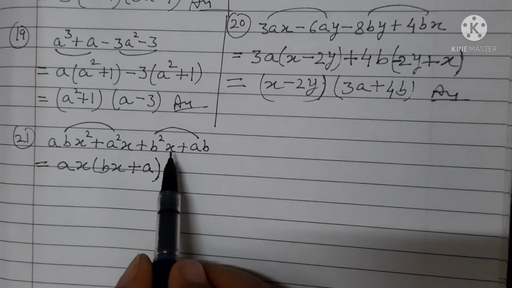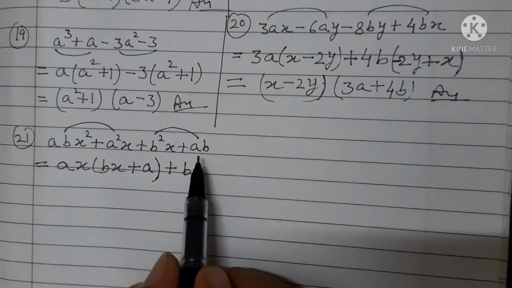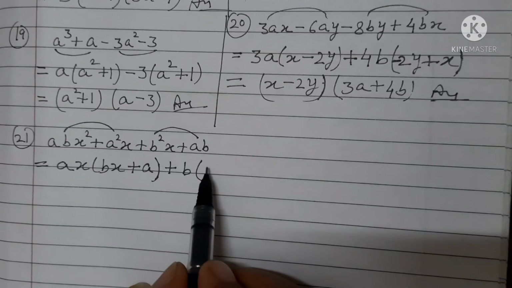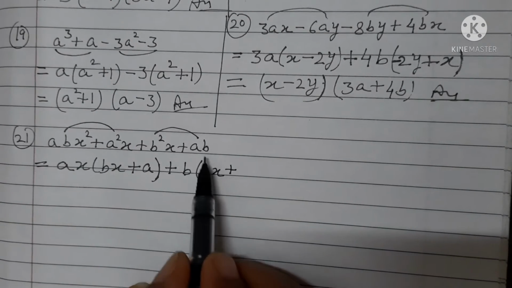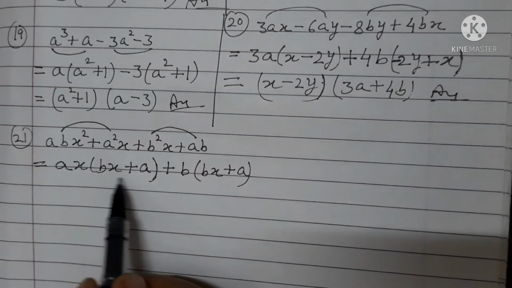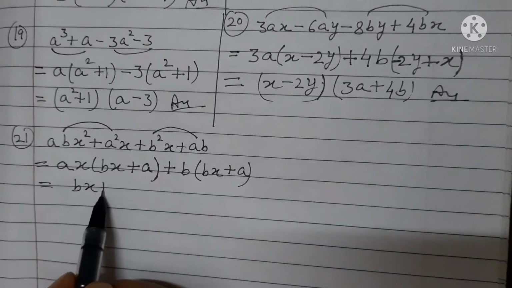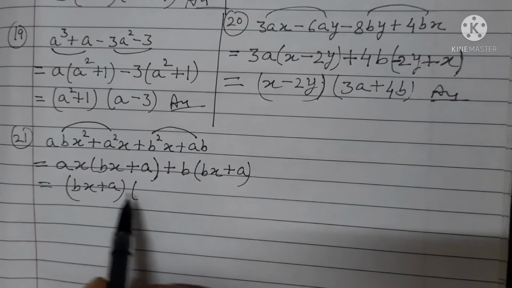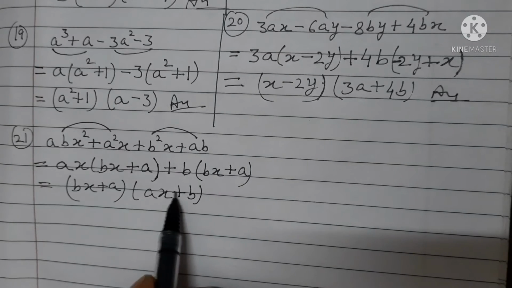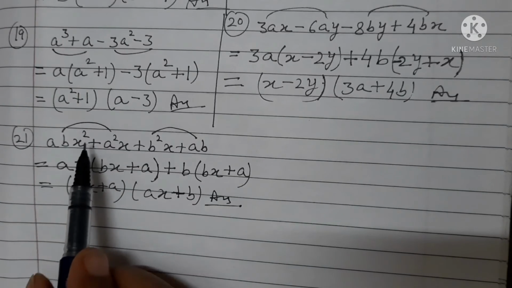Put the sign plus, take b common, and write down the remaining part, bx plus a, since b has been taken out. So bx plus a is present in both terms, take common bx plus a, and the other part is ax and this is b, so plus b. Answer. So choose the group which is suitable for the factorization.